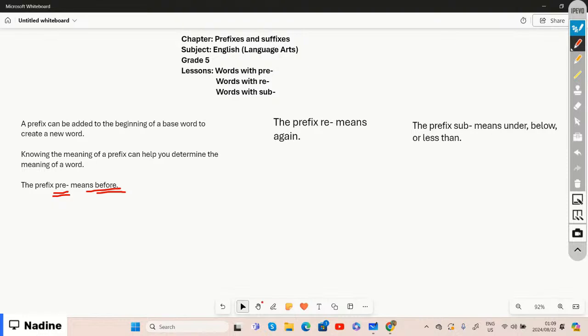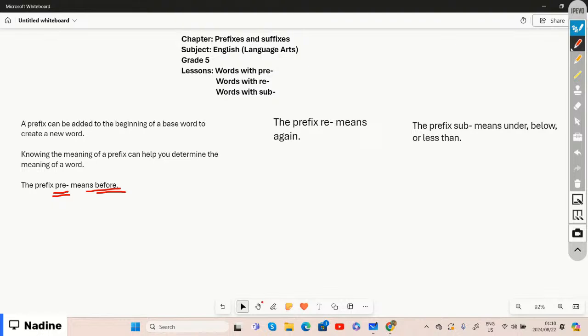We're going to first go over the meaning of the other two prefixes, and then we're going to focus back again on pre.